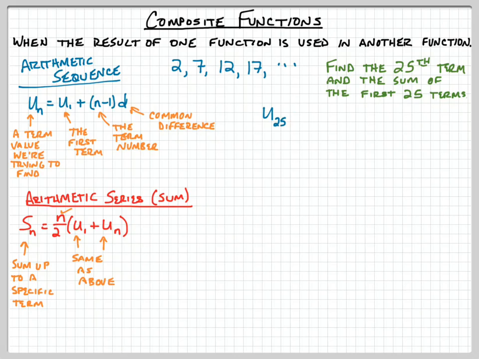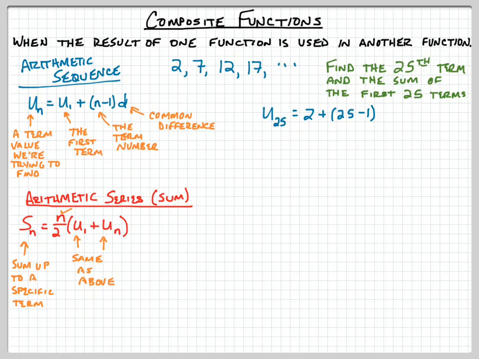So as we try to find u of 25, the value of the 25th term, the first thing we have to do is start plugging in our values. We've got 2 plus 25 minus 1. 2 is our first term, 25 is the term number, so n is 25, so 25 minus 1. Then we multiply that by d.